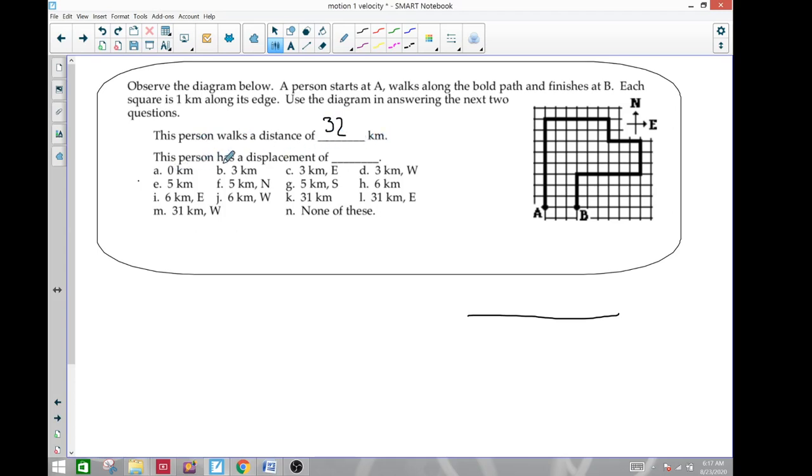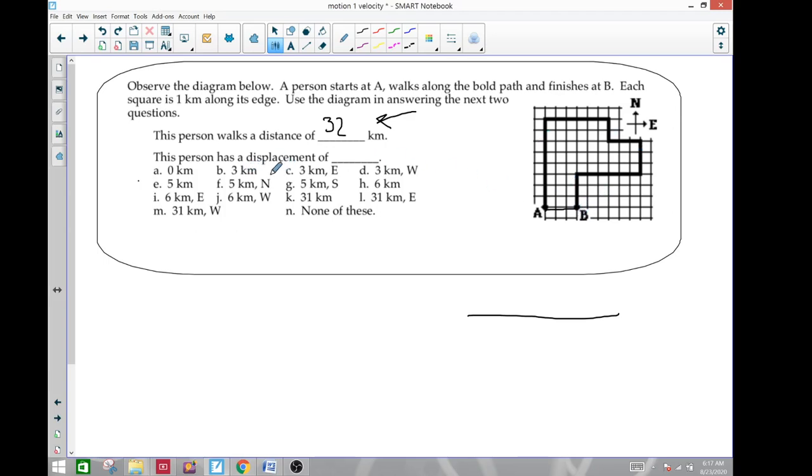What's the person's displacement? What do you think? Displacement is just from here to here. So that's 1, 2, 3. And you notice how displacement also has a direction. Distance is an example of a scalar at this point. We didn't care which direction we went.